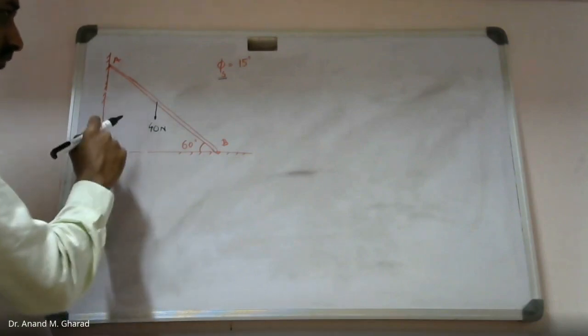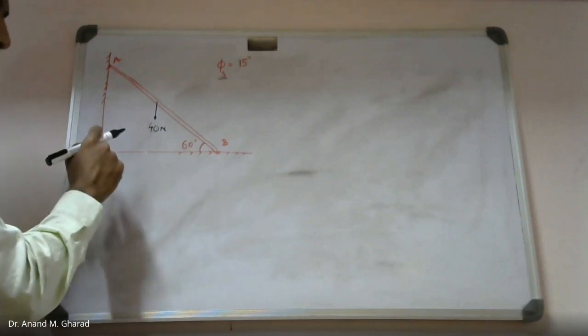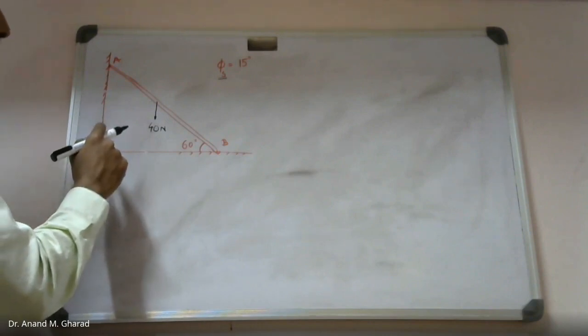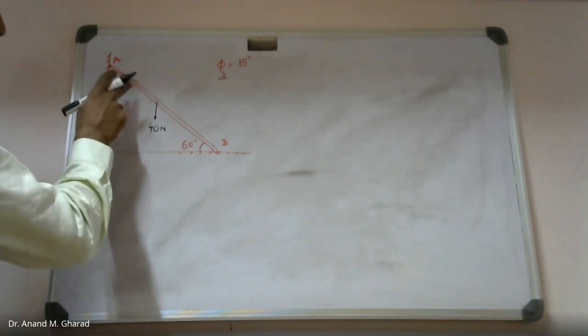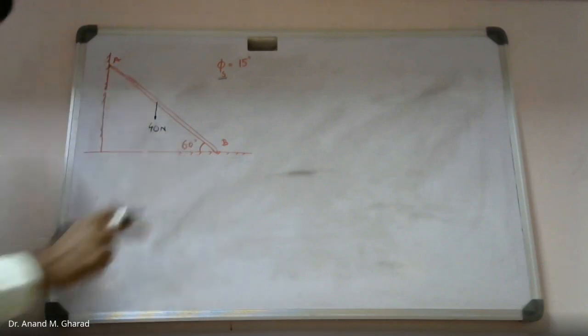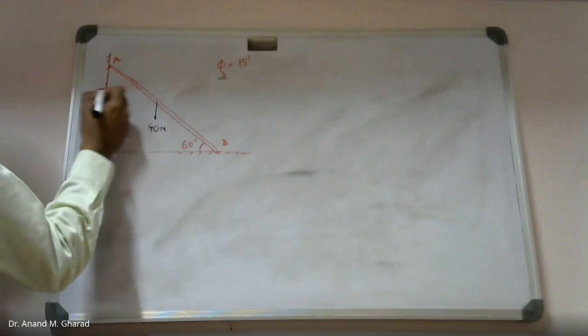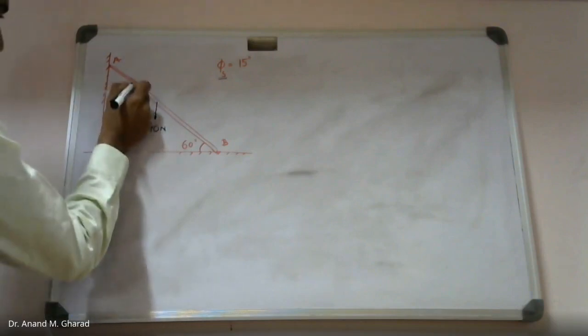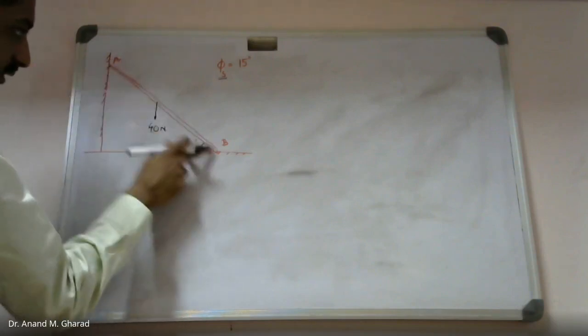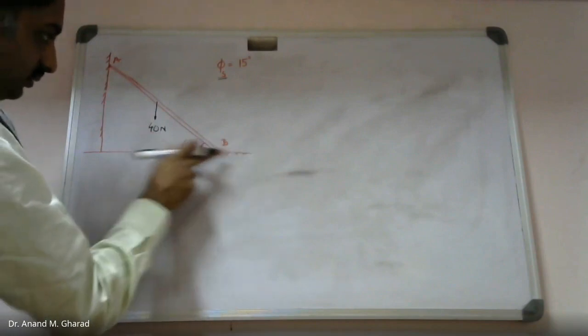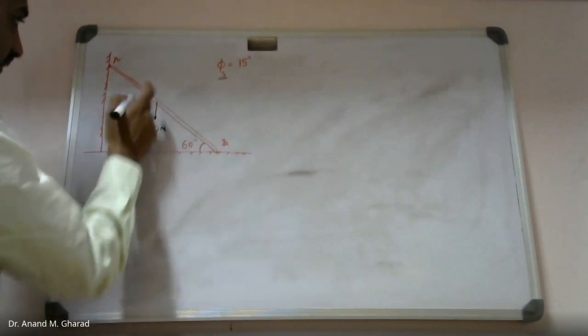And now we are supposed to identify the position of that 160 Newton man with respect to, let's say, point A or point B. So let me consider the position of this man, which will allow this ladder AB to move in its right direction or slipping direction.